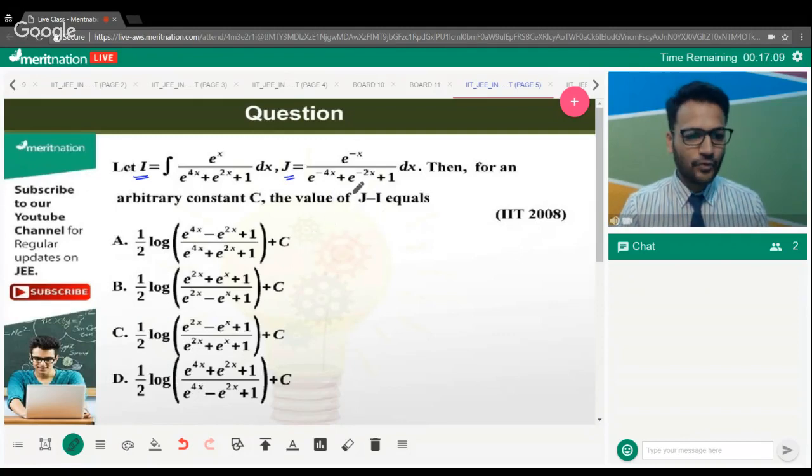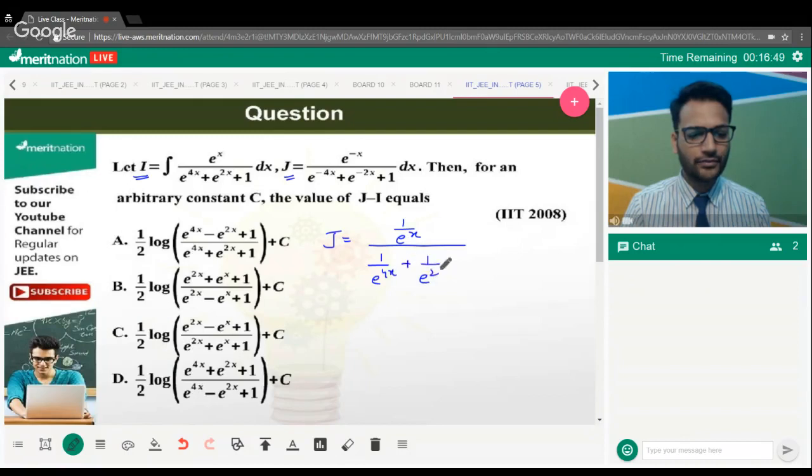Over here, first of all, we'll convert this J into proper positive parts. J can be written as e to the power minus x, which is 1 upon e to the power x, and e to the power minus 4x can be written as 1 upon e to the power 4x, plus 1 upon e to the power 2x, plus 1.